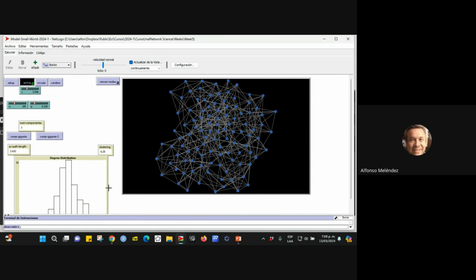the properties. Look, average path length of this network, 2.6. Clustering, 0.25. Okay, not high, but this is high clustering, 0.25. And look at the degree distribution.